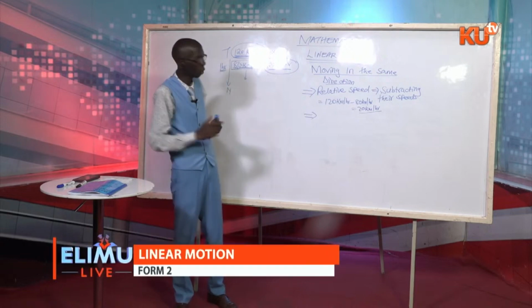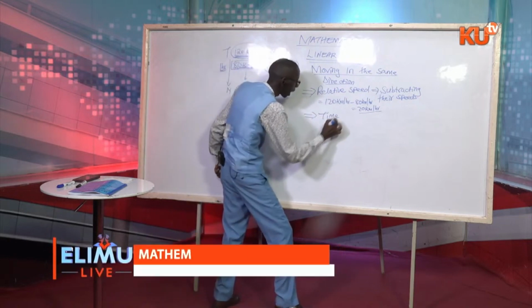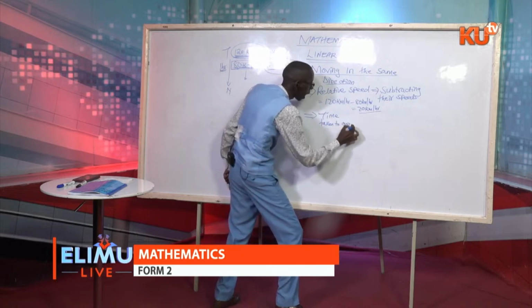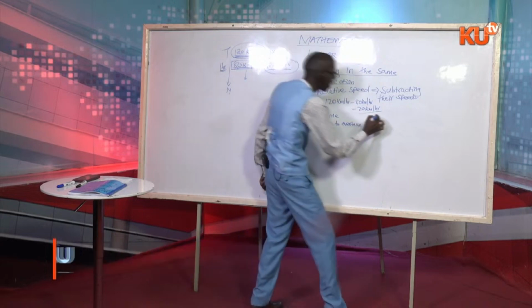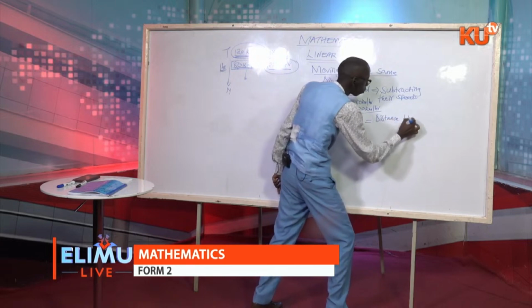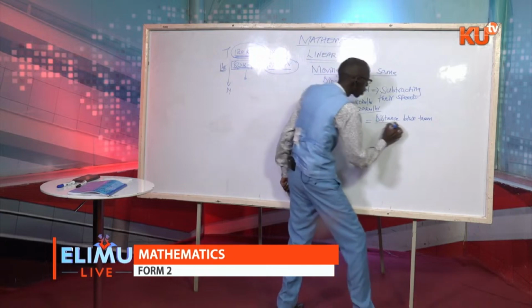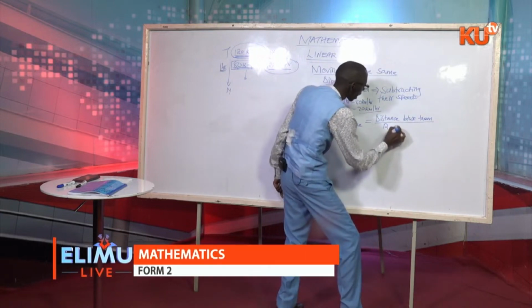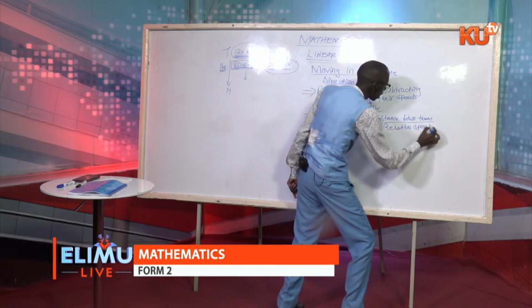So the second concept is time taken to overtake. How do we get time taken to overtake? We take the distance between them, when I say them, the moving particles, whether vehicles, motorcycles or bicycles or anything, divided by the relative speed.